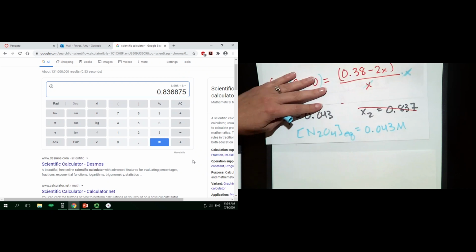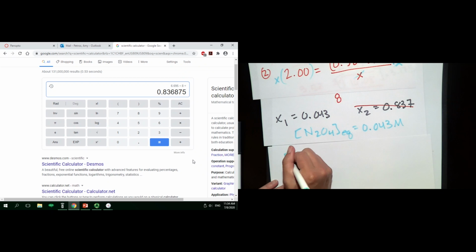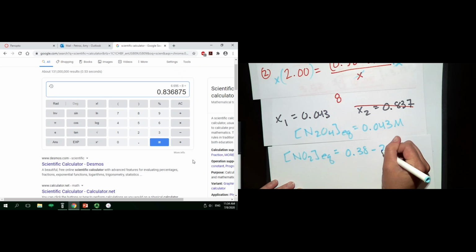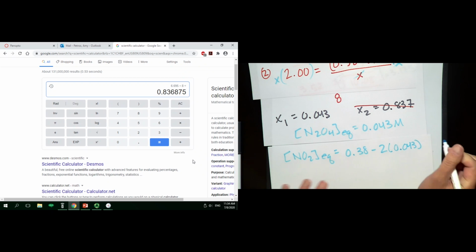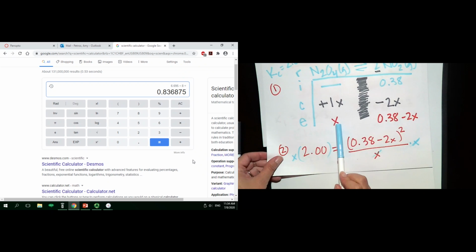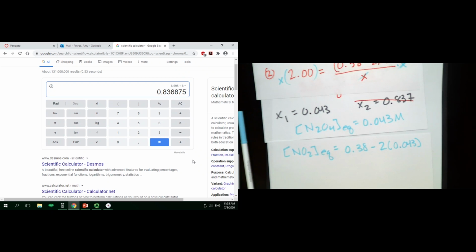My equilibrium concentration of the NO2 will take just a second. That's what I have to solve for. That's 0.38 minus 2X. And remember, I solved for X. I didn't solve necessarily for any individual concentration. If X is the equilibrium concentration, that means that on the equilibrium line, it's represented by only the value X. Everything else I'll have to do a little mathematical trickery.